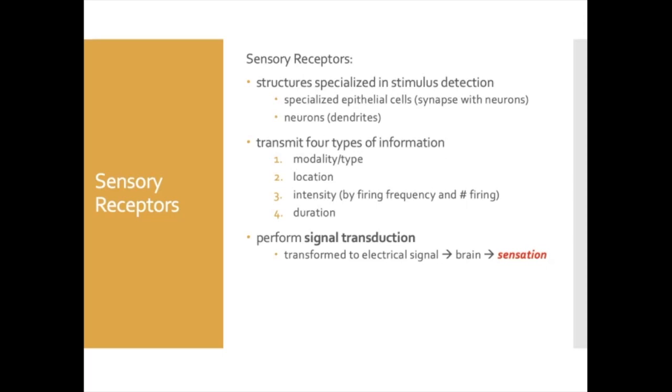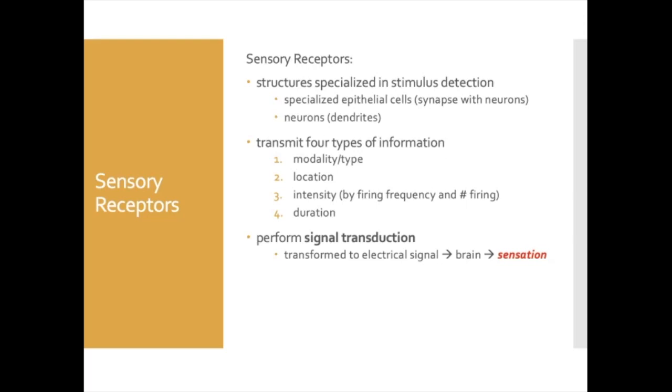So a lot of these receptors are located on your skin, but not all of them. You have receptors in all of your internal organs and organ systems because we need to detect and deliver sensory information to the central nervous system, not just about what's happening outside of our body, but also what's happening inside.